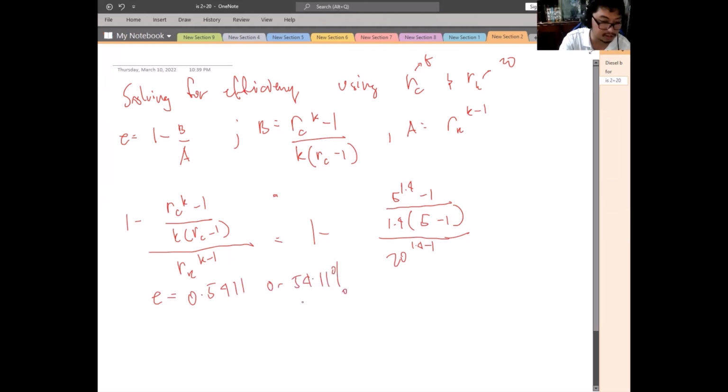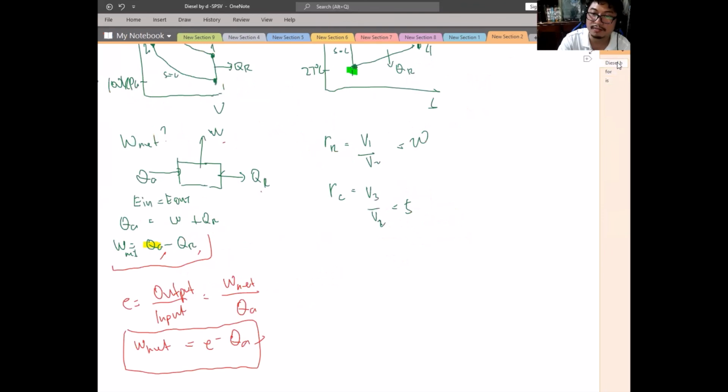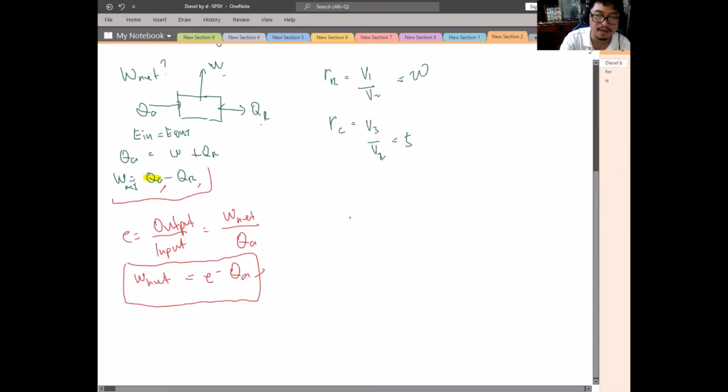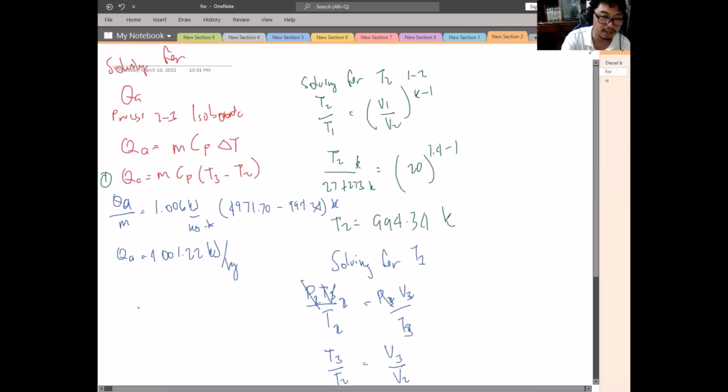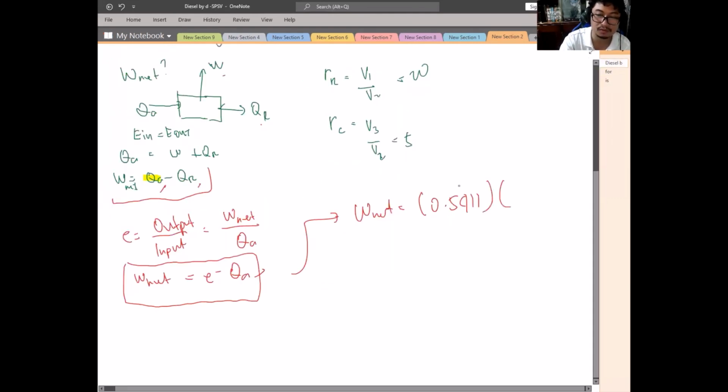We will substitute this to find our net work in our general equation. So the net work equals 0.5411 times our QA, which is 4,001.22 kilojoule per kilogram.